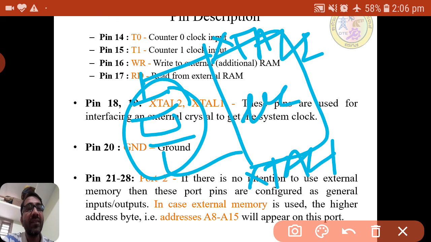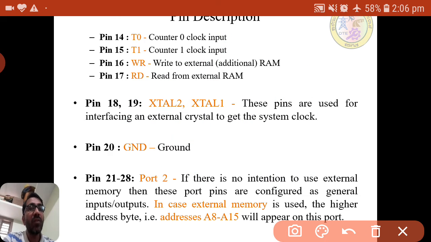Once we connect the crystal to these pins, some internal circuits together will generate the clock, and that clock will be used to control all operations. Each operation needs to happen at particular timings, as in an embedded system it is basically dependent on this.